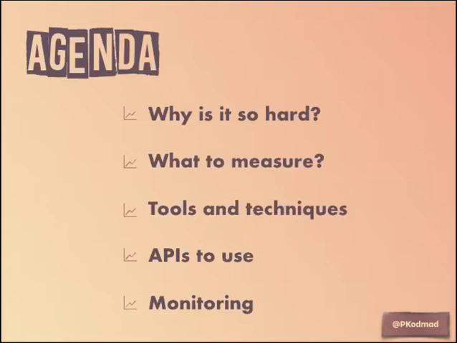What tools and techniques do I recommend or have used, or are industry standard? I'll talk a little bit about that. And in that section, I'll talk about what APIs you can use to have custom metrics, and I'll just touch upon some monitoring stuff, not too much. Yeah, so let's begin this then.